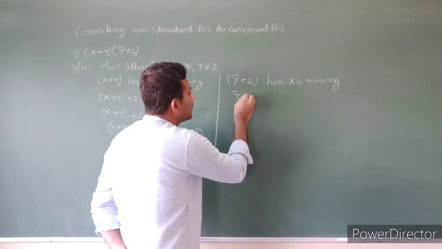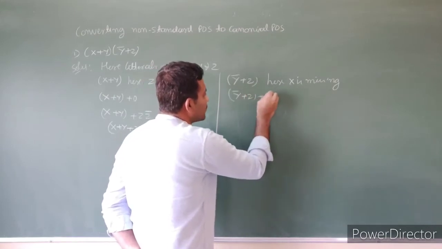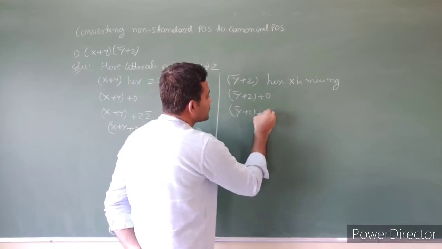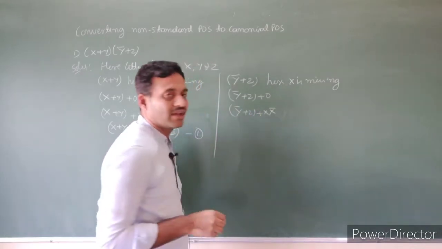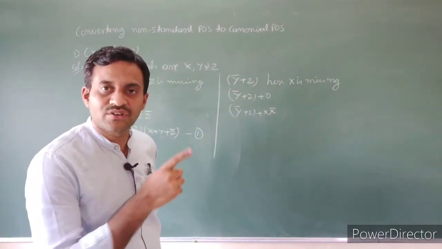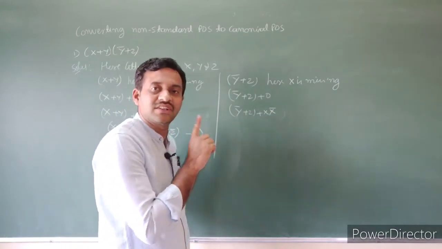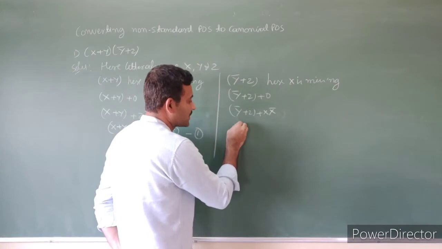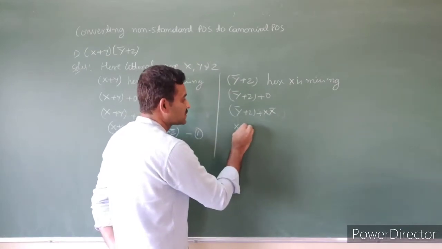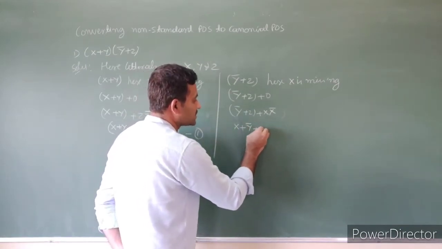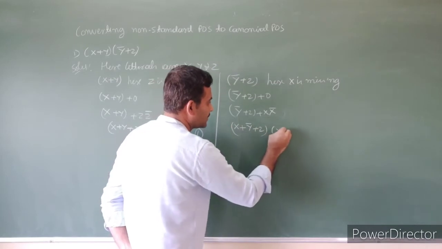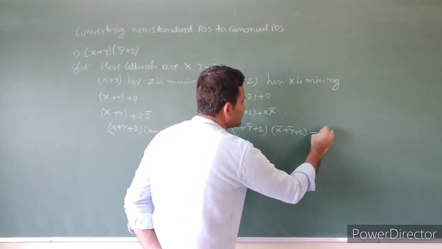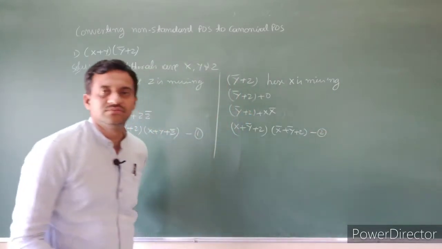So y bar plus z plus 0, where 0 can be replaced by x into x bar, because x into x bar is equal to 0, as already discussed in the Boolean theorems. Then apply the distributive law. It becomes x plus y bar plus z as one term and x bar plus y bar plus z as another. This is expression 2.